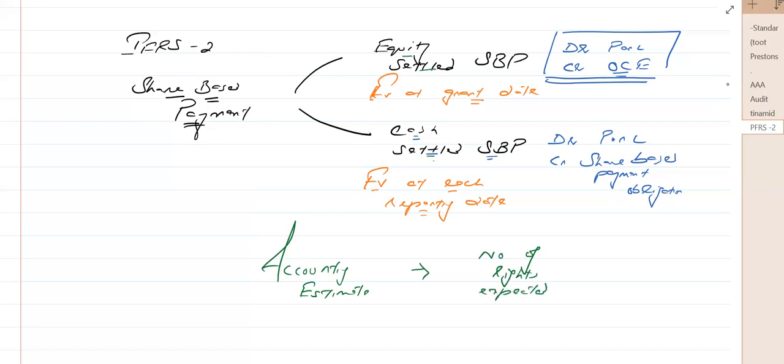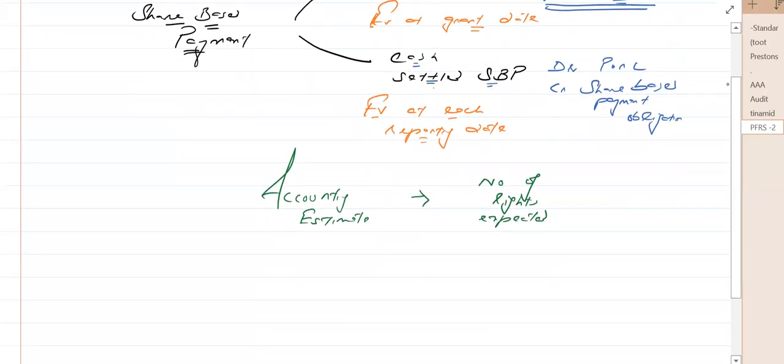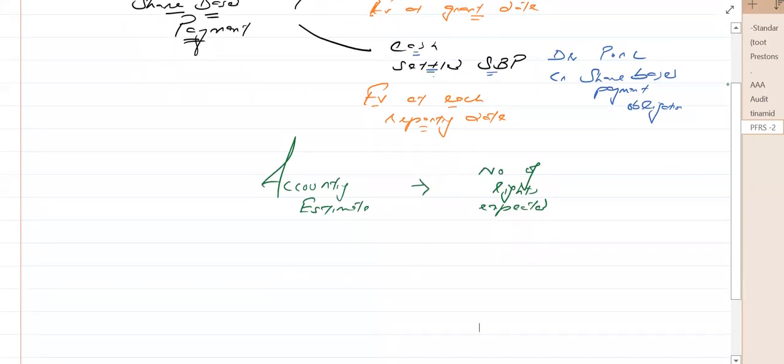So for example, if the company has given the share options to their 100 employees or 100 directors, whatever. So number of rights expected to vest, that when the company has given the share options to their employees or the directors, they have placed the condition over there that, okay, you have to stay within the company for 3 years, for a certain period of time.